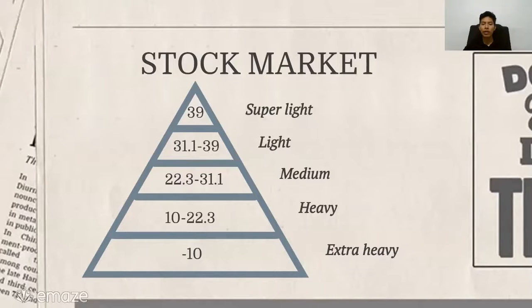When it is greater than 22.3 and less than 31.1, it is a medium petroleum. When it is greater than 10 but less than 22.3, it is a heavy petroleum. And finally, when it is less than 10, it is an extra heavy petroleum.